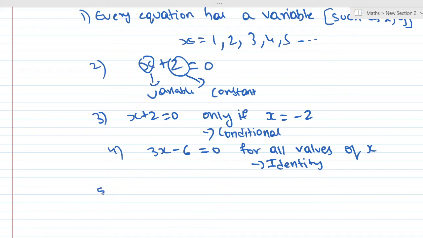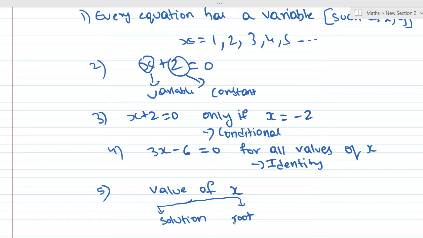So the value of x, students, is known as solution or root. So these roots we call alpha, beta.